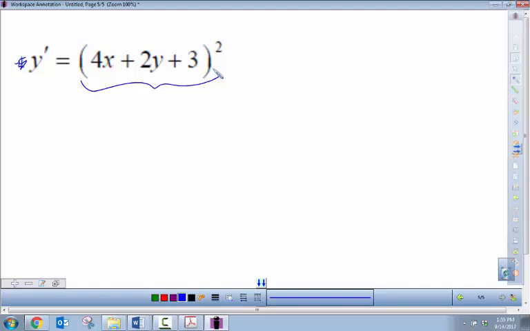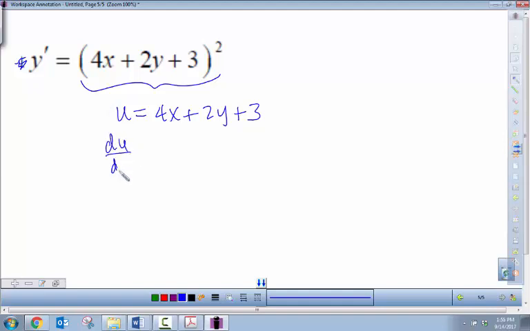So anyways, this would be a case where we have to imagine that this is an ax plus by plus c scenario. And then if we just let u equal to that, 4x plus 2y plus 3, then we're going to change our differential equation into solving for u instead of solving for y.